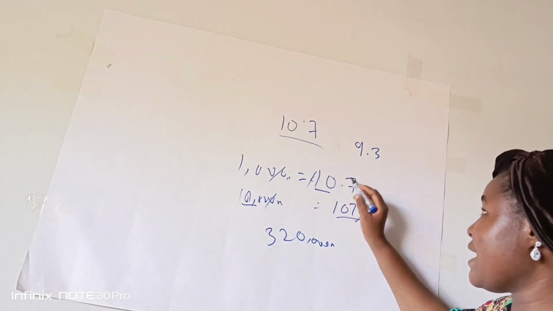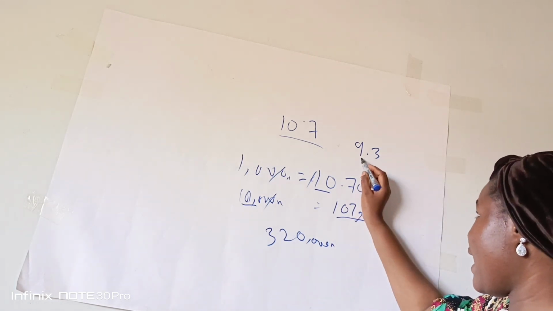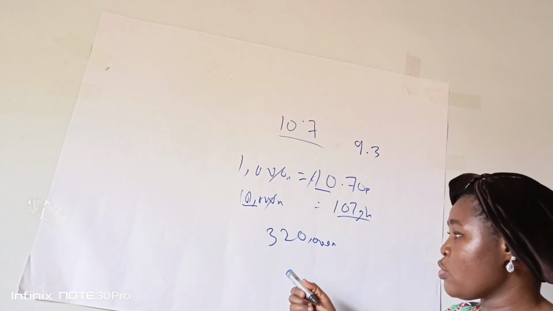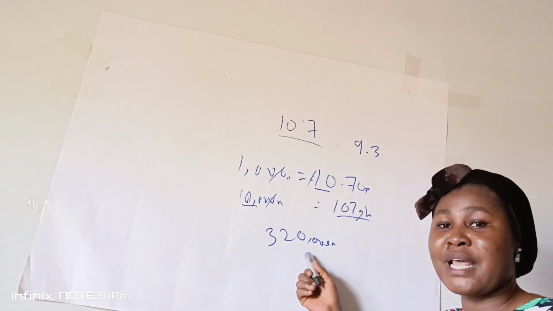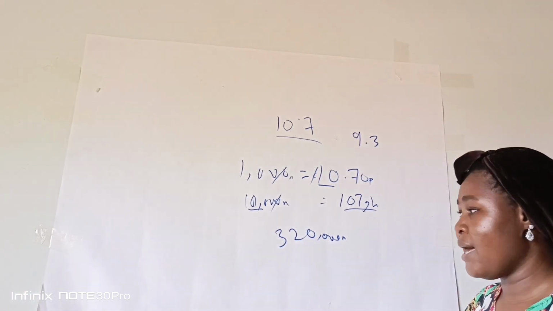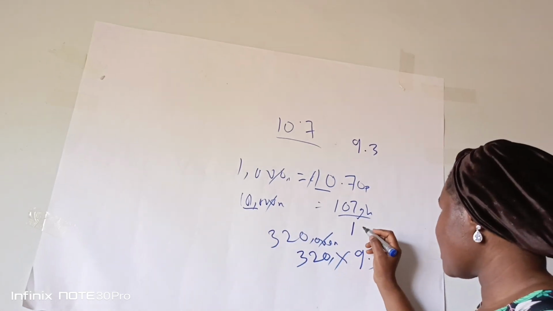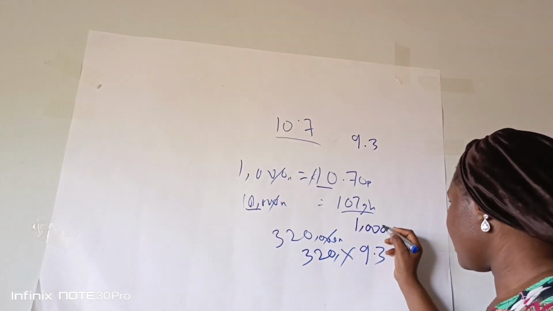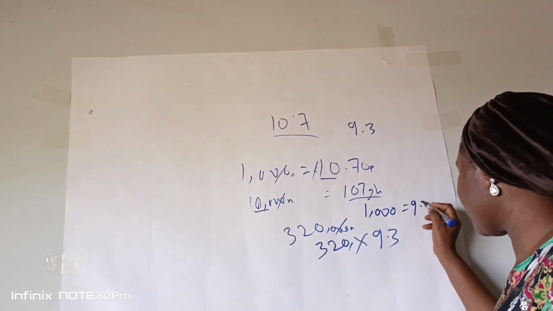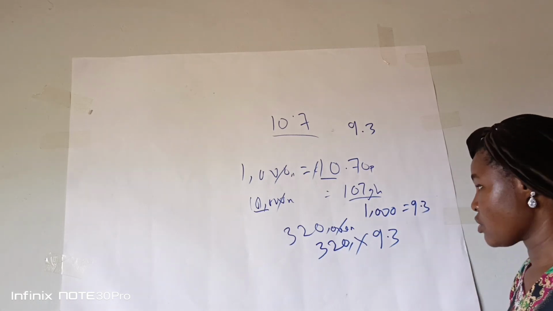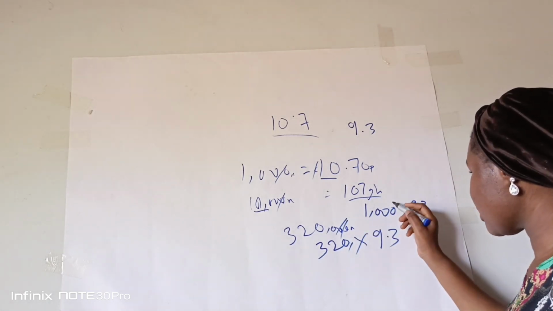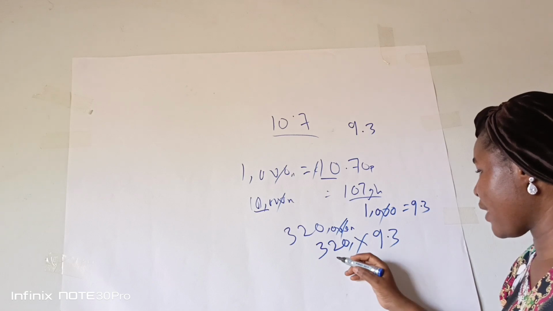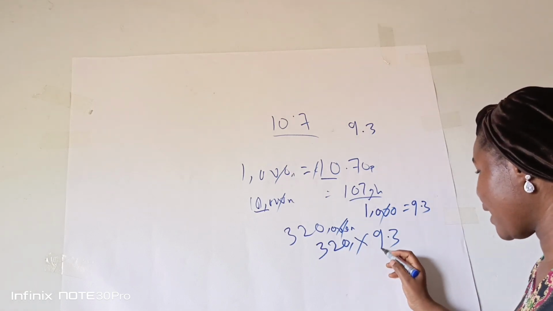So let's say the rate for that particular day is 9.3, and you are going to pay an amount of 320,000 Naira to your supplier. It means 1,000 Naira is equivalent to 9.3 Ghana Cedis. So these zeros are going to cancel these zeros, and you're going to have 320 multiplied by 9.3.